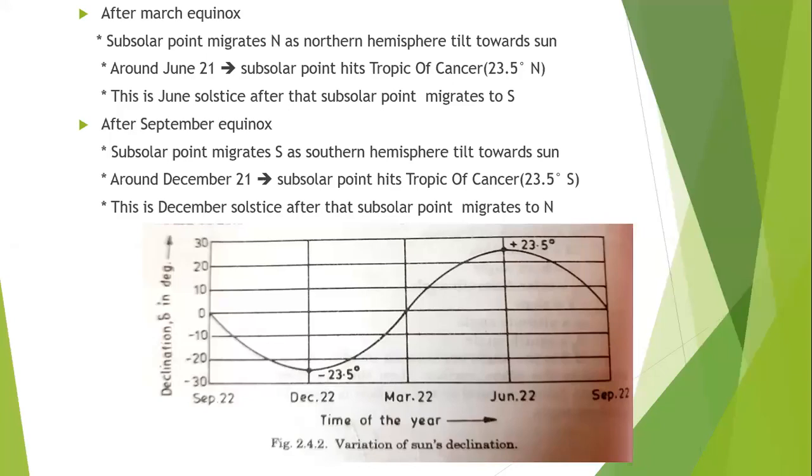Okay, so this is mainly occurring in the June solstice, when the northern hemisphere is tilted towards the sun to the maximum extent. So what is the June solstice?